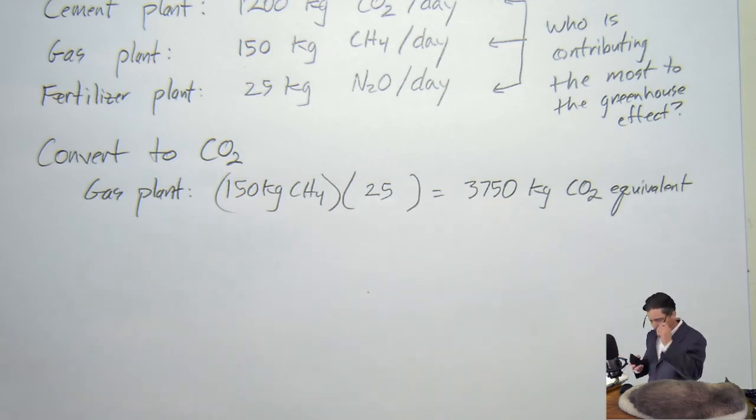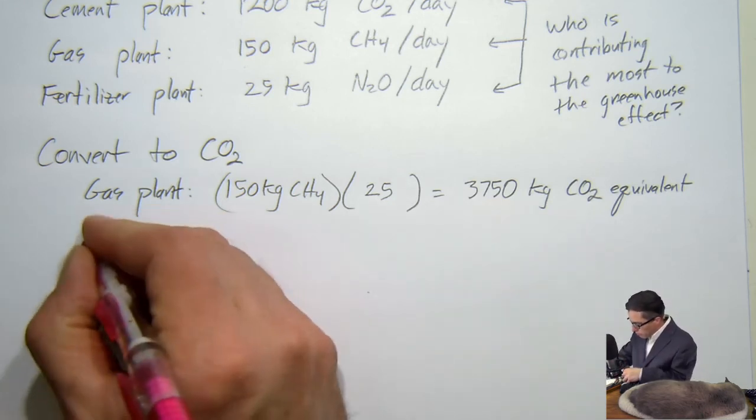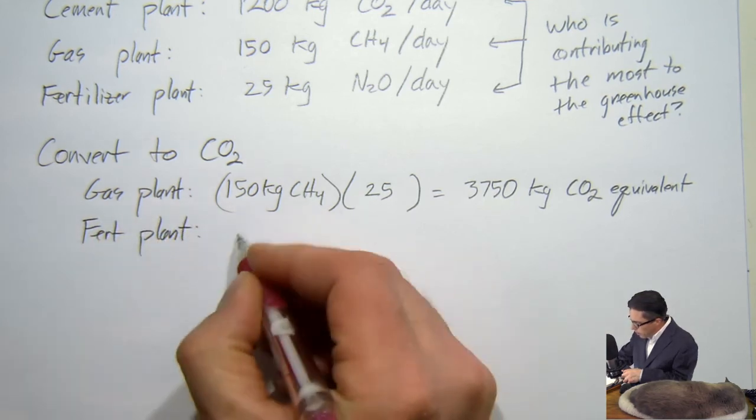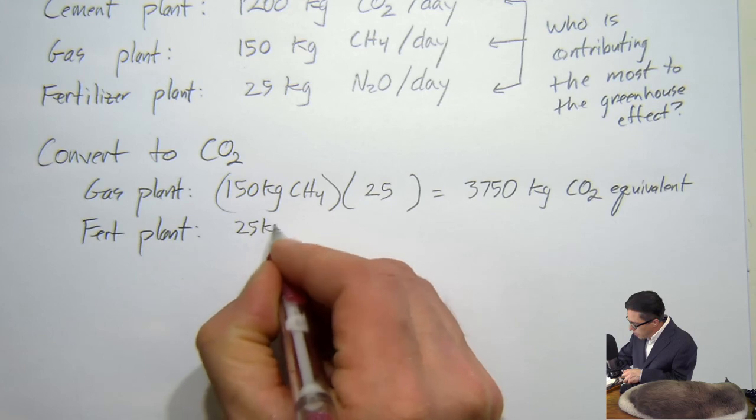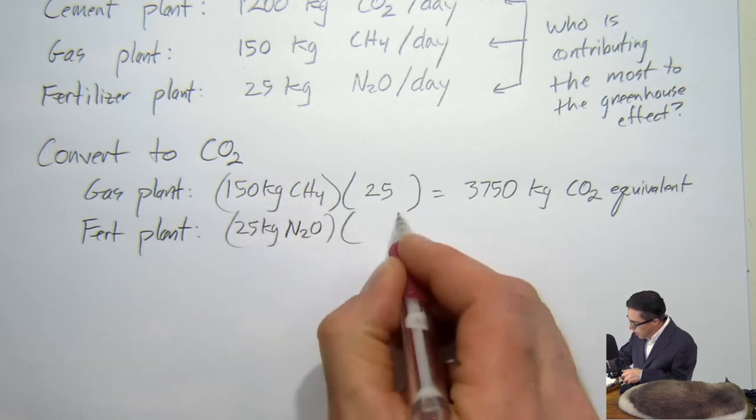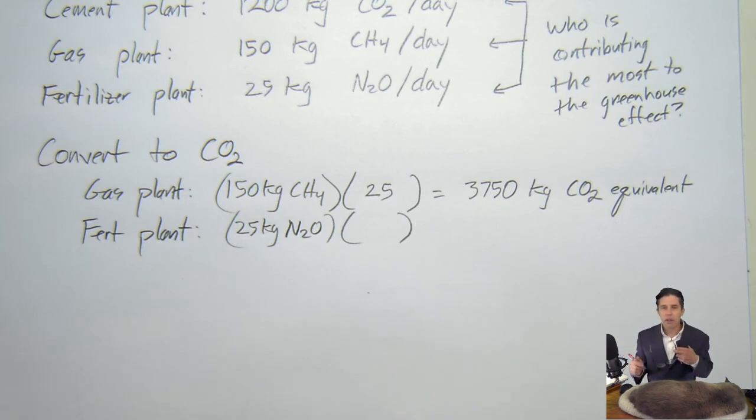All right, let's do the fertilizer plant. I've got 25 kilograms of N2O, nitrous oxide, and I look up the GWP of N2O, it's 298.